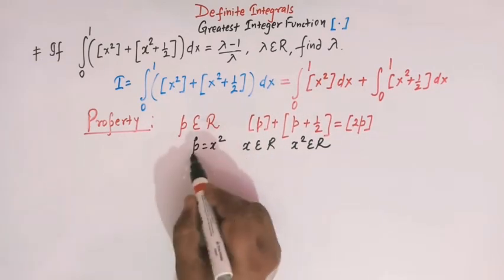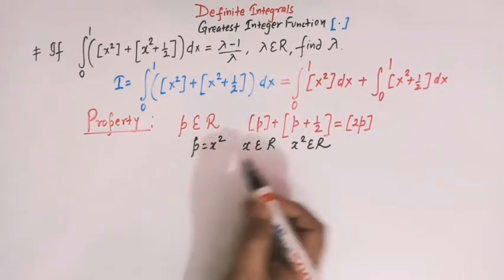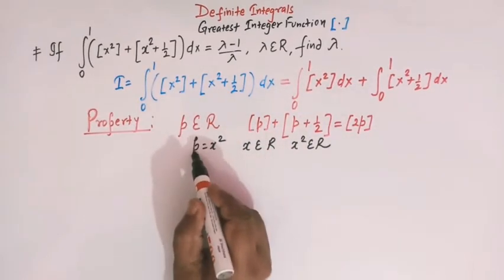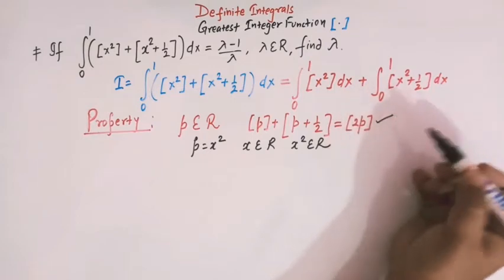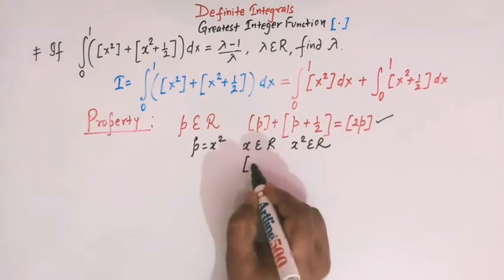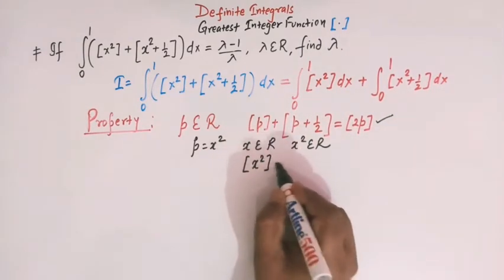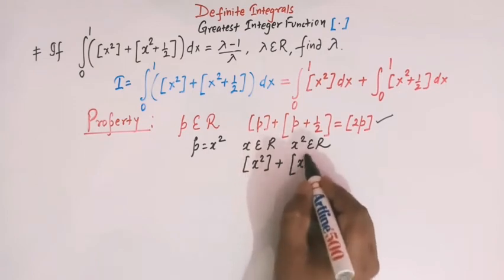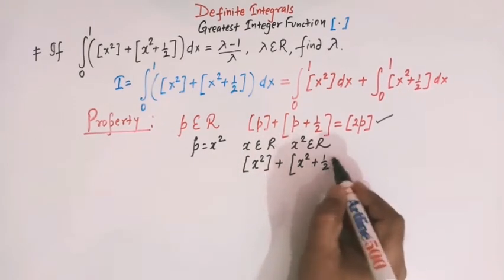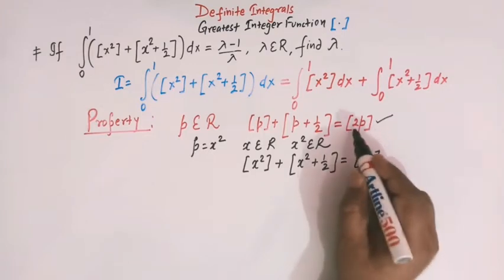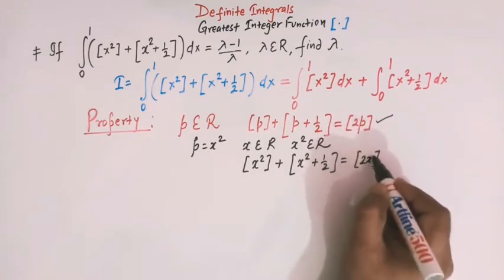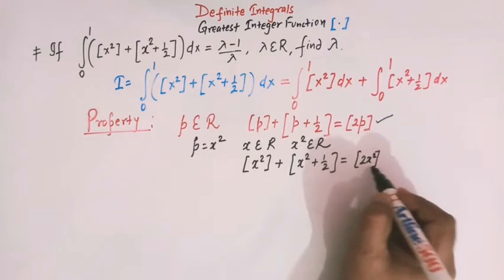So we'll replace this p by x square. So if we take p is equal to x square in this property, then we have greatest integer of x square plus greatest integer of x square plus half is equal to 2 times, that is 2x square, so the greatest integer of 2x square.